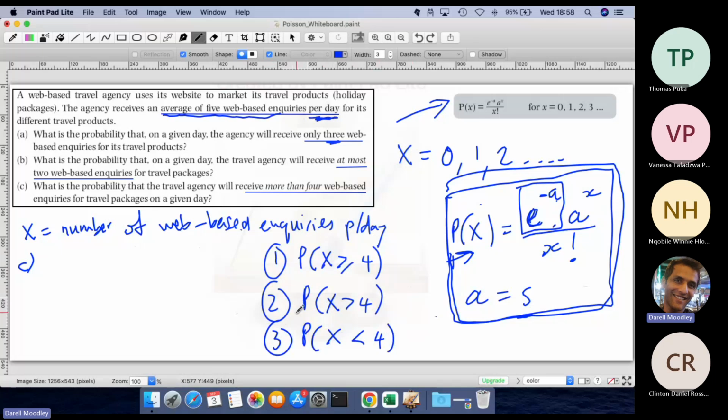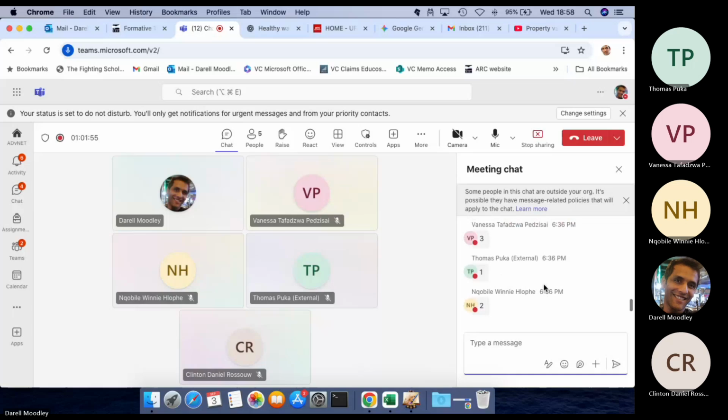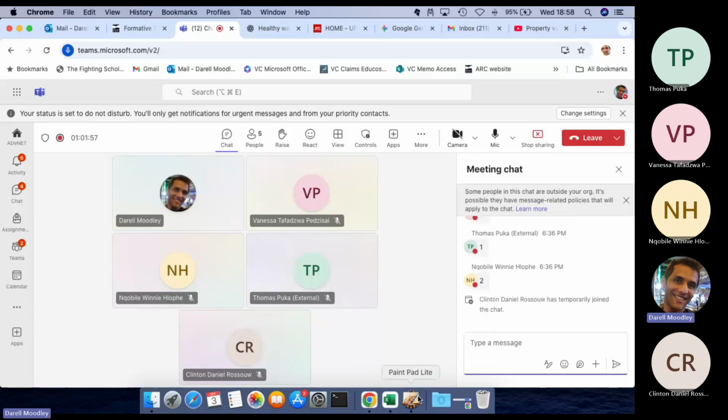It's very important you understand this, and you need to give it a try now. Please, I need some engagement here to see if you're following and understanding. Question C, which option do you choose, 1, 2, or 3, to express what you're trying to solve? No one's giving it a try.